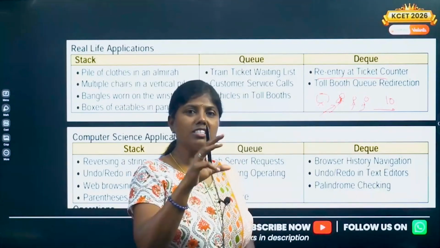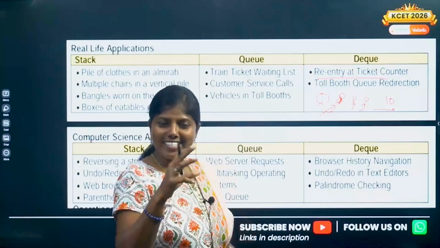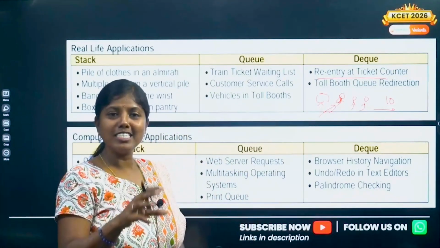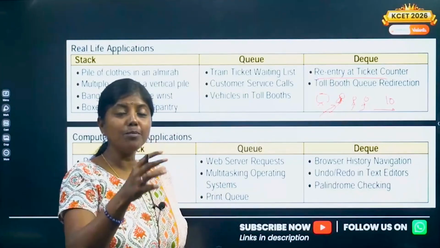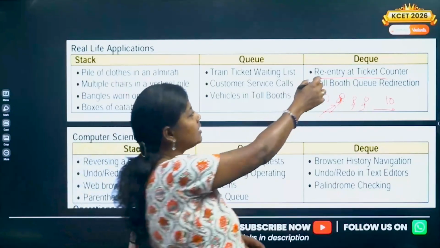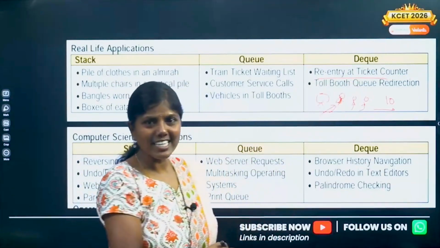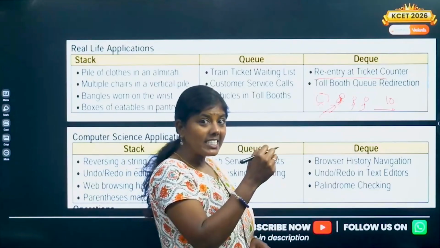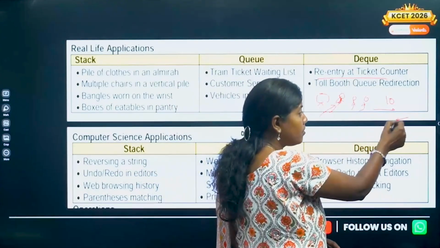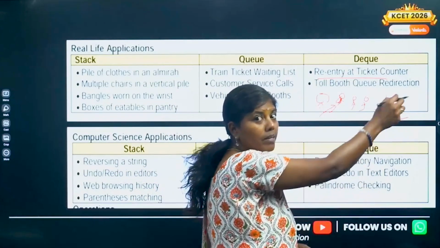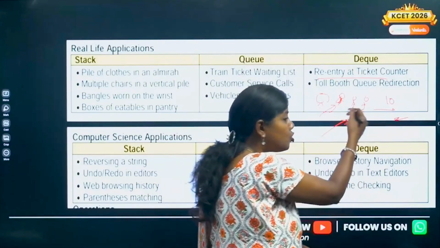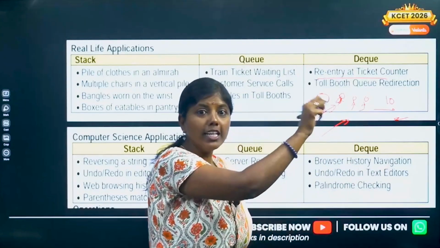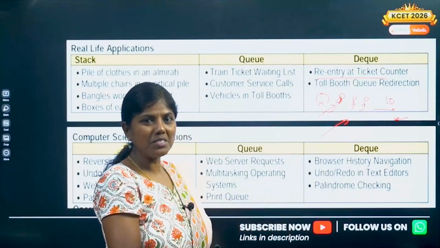So there are certain exceptions. In certain emergency cases, we have to let the person re-enter at the ticket counter. That means insertion has to be from the rear end only in case of a queue. But in an emergency, we have to let the person join the queue from the front end also. That becomes a deque.